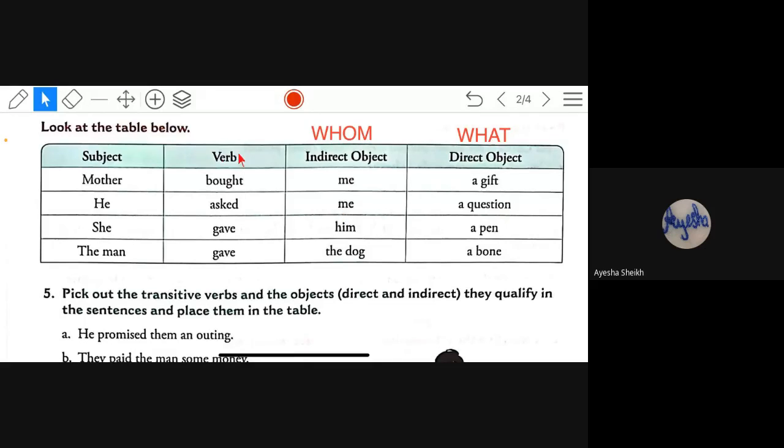And which kind of verbs are these? Are these transitive verbs or intransitive verbs? Transitive. What are intransitive verbs then? What is the meaning of intransitive verb? There is no object.